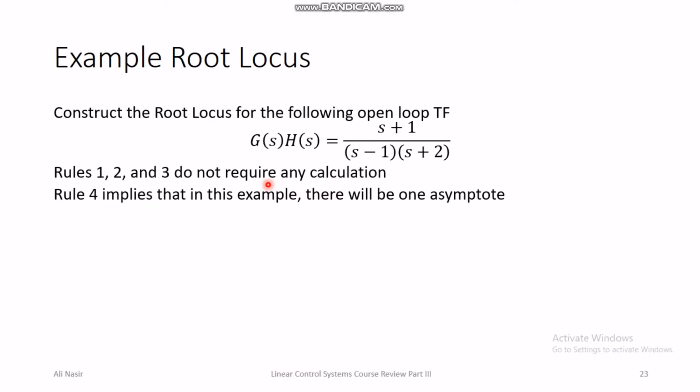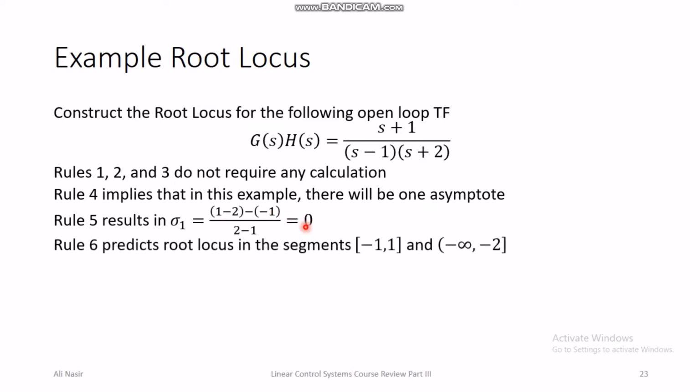Rule number 4 implies that in this example there will be one asymptote, because there are two poles and one zero. So one pole will converge to the zero, and the other pole will have to go to infinity. Then rule number 5 results in the centroid point being equal to 0.